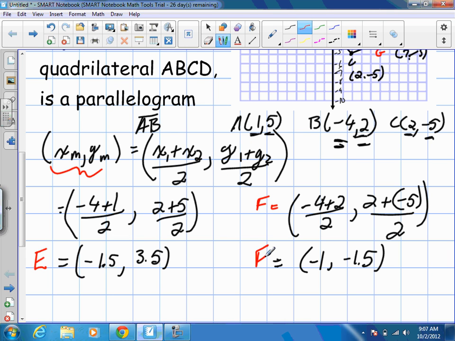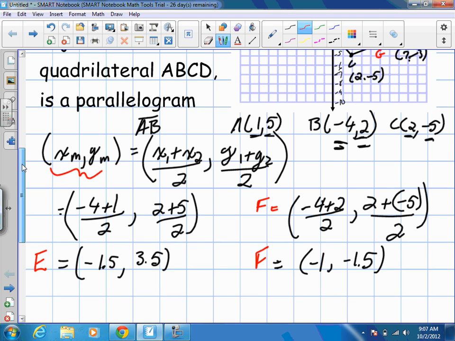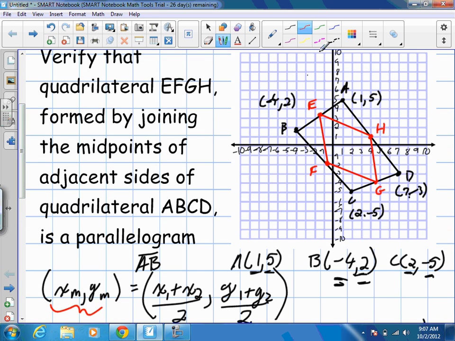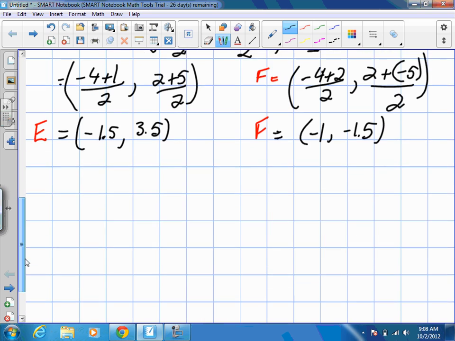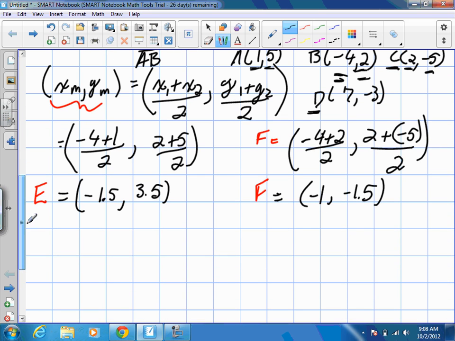We found 2 of them to start, so we're going to continue. We have E and F. The next one we're going to look for is G. G deals with C and D. So I'm going to write coordinate D just below so we can see it. We're now working with C and D to find G. So midpoint G is going to be equal to C and D. We add the two x values: 2 plus 7 divided by 2.